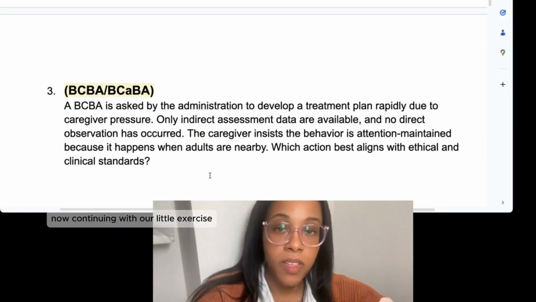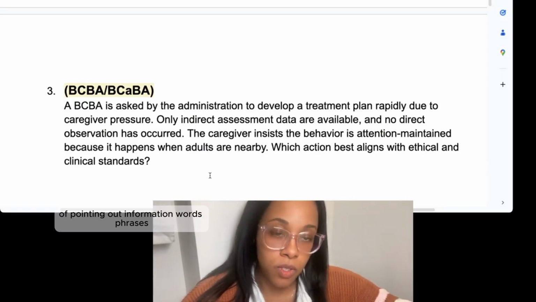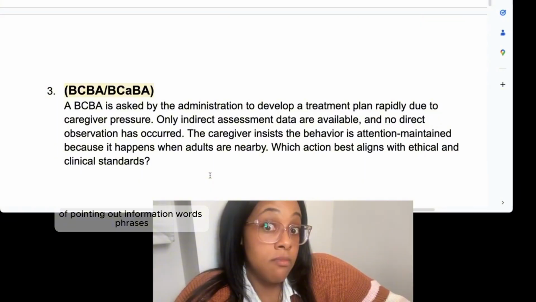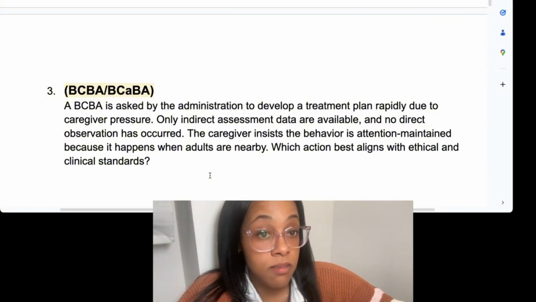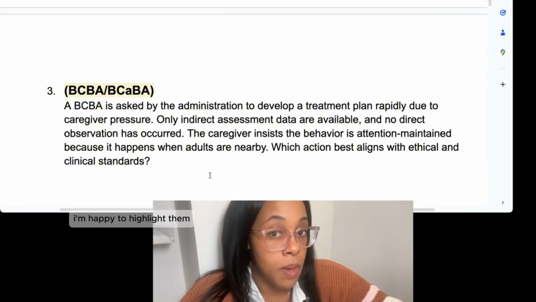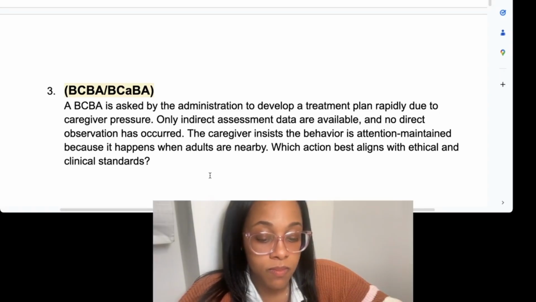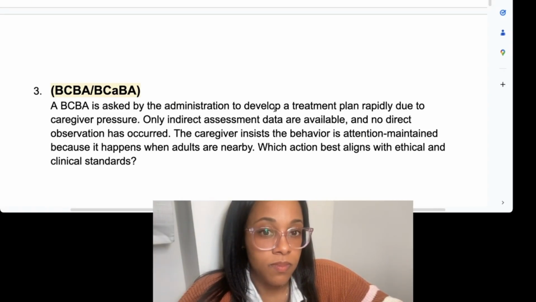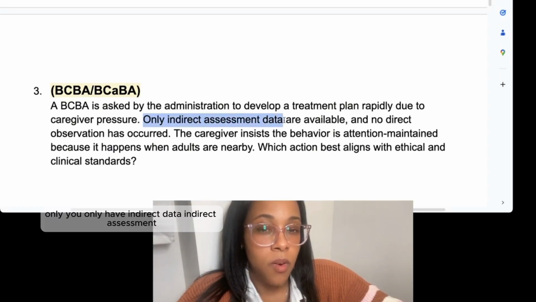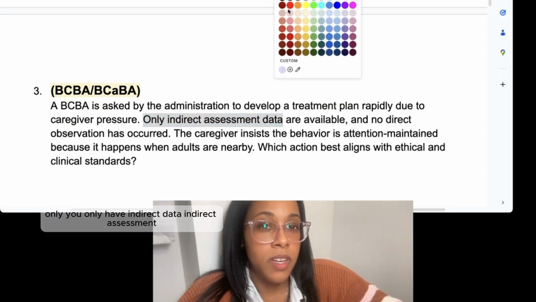Now, continuing with our little exercise of pointing out information, words, phrases. If you have some ideas, let me know. I'm happy to highlight them. So we only have indirect data, indirect assessment.